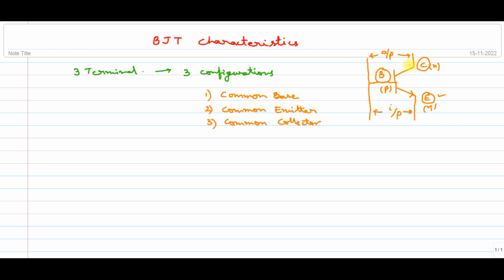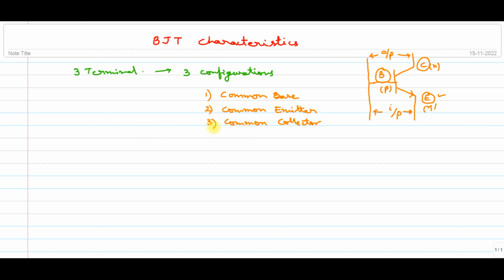For example, if we take common base configuration, then what are the different characteristics we can take?